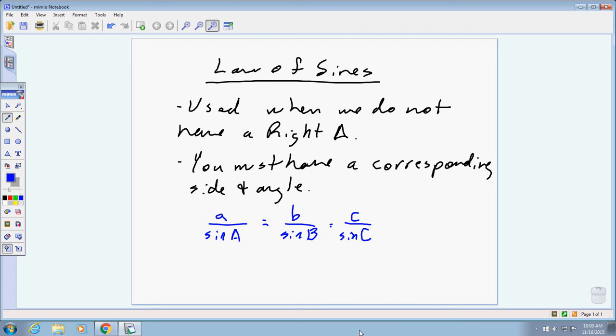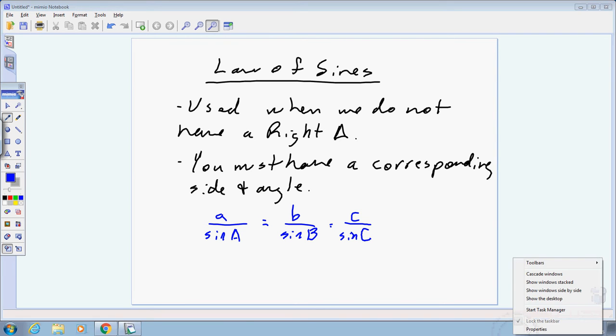It means matching. If we have an angle A, the corresponding side would be side A. If you have side B, you need angle B. That's corresponding. Remember though, I said it doesn't matter if you write it with the sides up top or on the bottom. So I can write it the other way with sine A over little a equals sine B over little b equals sine C over little c.